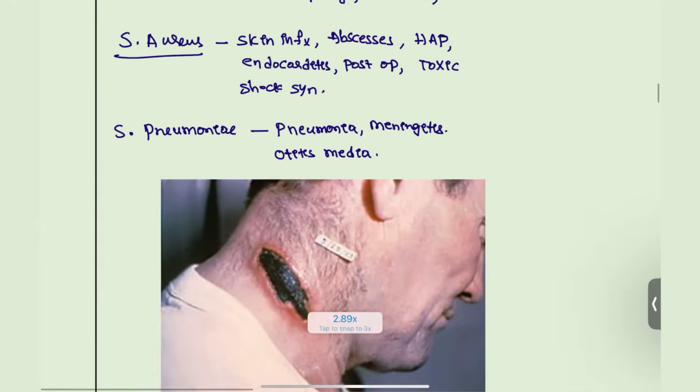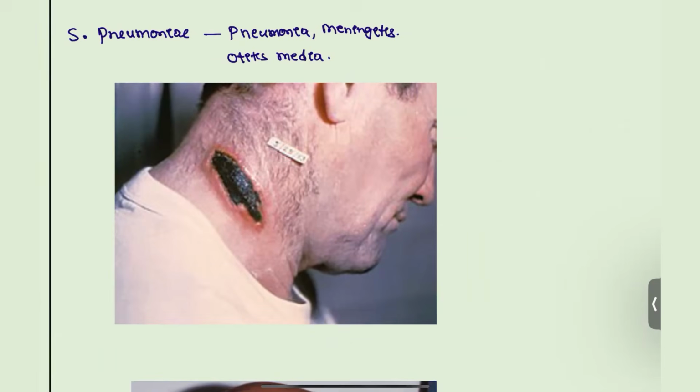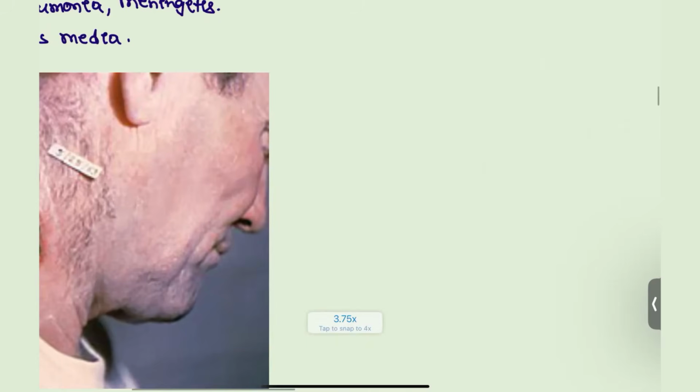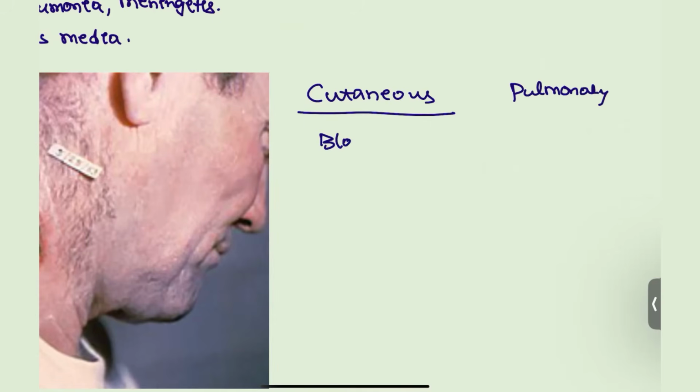Next, what is this picture, guys? This is the classical picture of the Bacillus anthracis, the anthrax bacteria. There are two types. One is the cutaneous type and the other one is the pulmonary type. Okay, so the cutaneous is going to cause this black eschar.